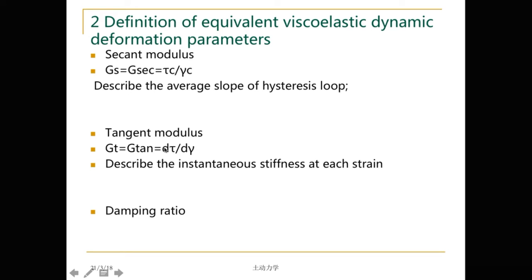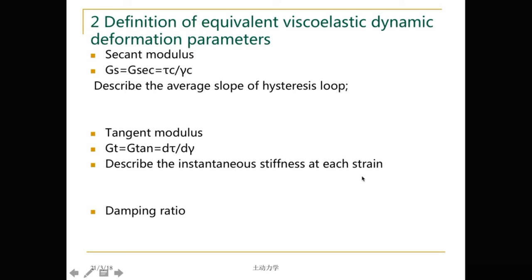This d tau is a small increment of shear stress, and d gamma is a small increment of shear strain. In fact, this is a derivative calculation, and we use this value to describe the instantaneous stiffness at each strain.